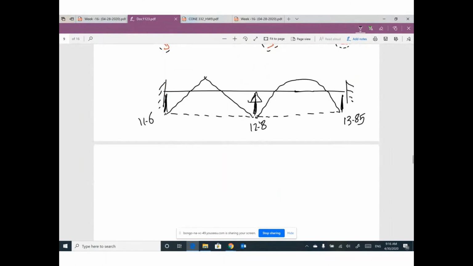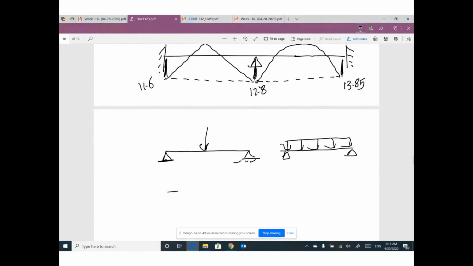I think you know this information. Do you remember the conjugate beam method? If you have a simply supported beam with one concentrated load, or a simply supported beam with uniform distributed load. Do you remember something like this? For a concentrated load, your moment will be a triangle. For a distributed load, your moment looks like a parabola.